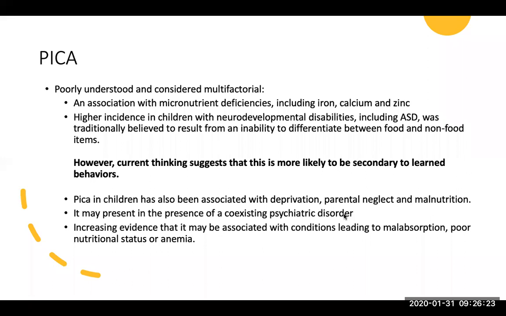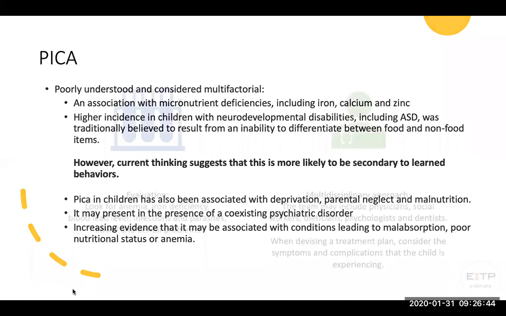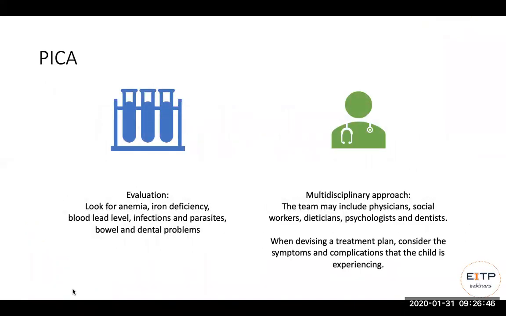There's more and more evidence that there are some conditions that lead to malabsorption and malnutrition or anemia that can be causing pica. So pica should be investigated first by the primary care physician looking for nutritional deficiencies, and if needed, these kids should go to see a specialist. It's really important to look for anemia.